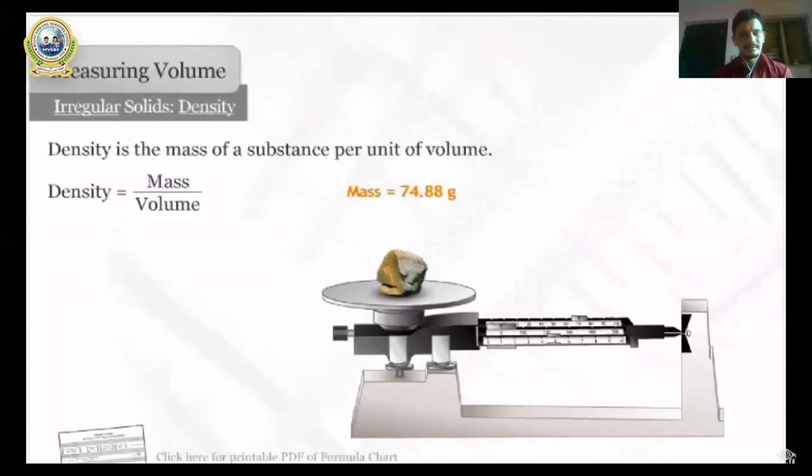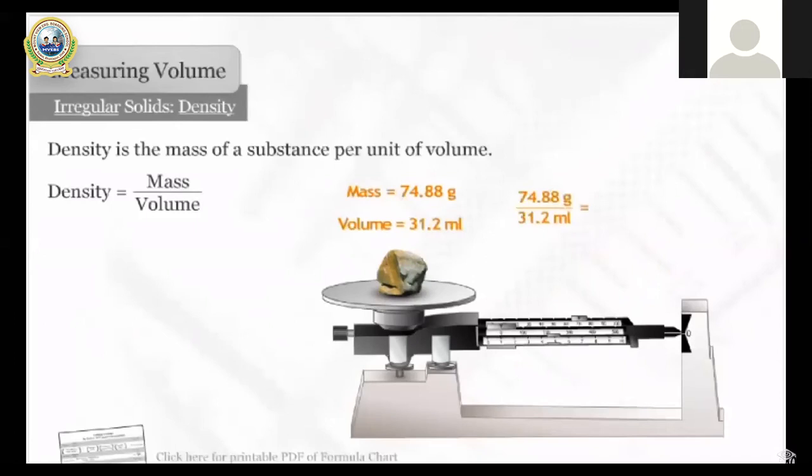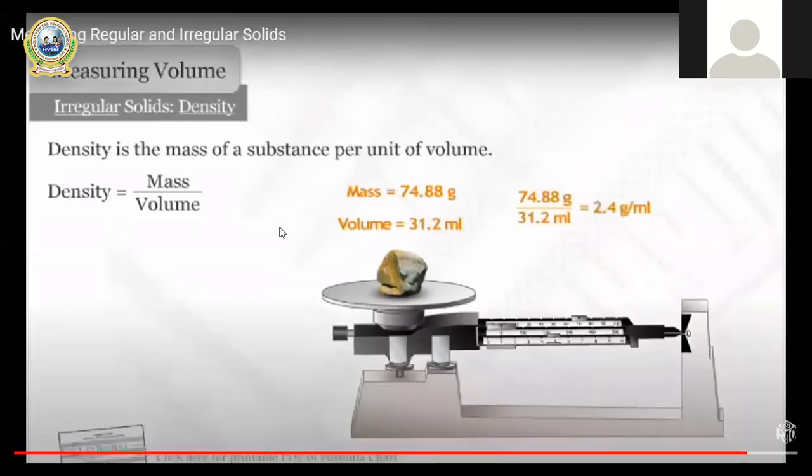Since the volume of this rock is 31 2/10 milliliters and the mass is 74.88 grams, we can calculate its density. When we divide the mass by the volume, we arrive at 2 4/10 grams per milliliter as the density.